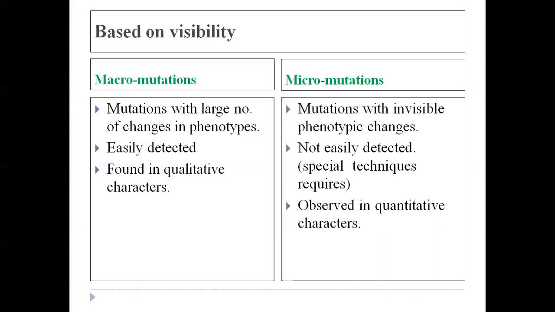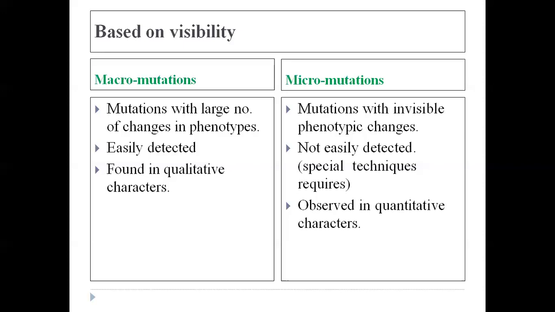In a particular population, a large number of changes occur, suppose suddenly due to a cold stress or heat shock, a large population of a particular forest or an animal population suddenly changes their sleeping behavior, say. This is one kind of morphological mutation that you can see.